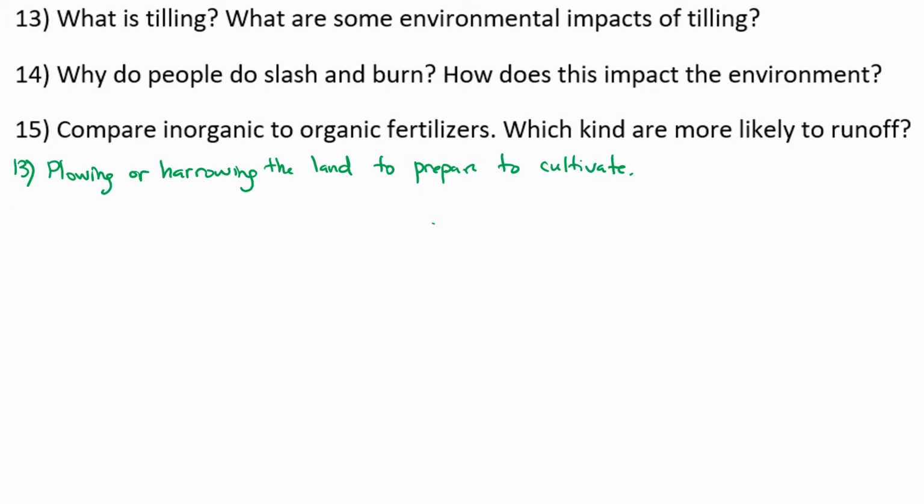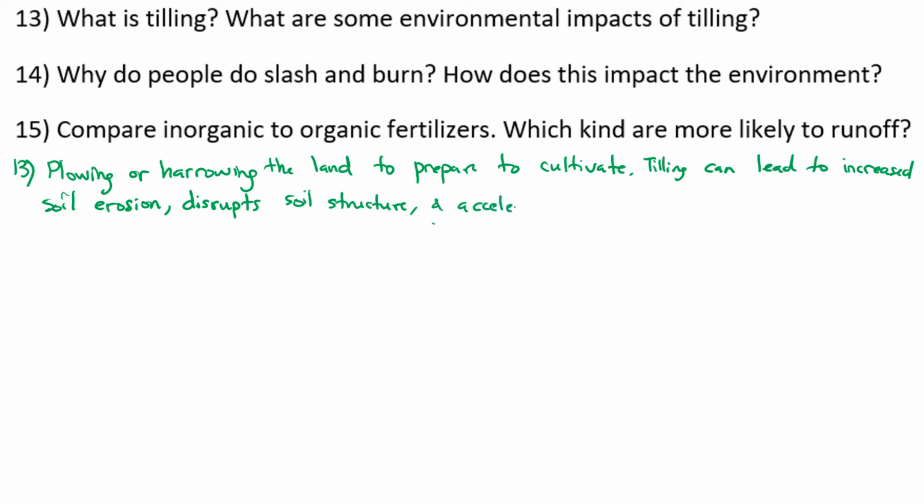Some environmental impacts would be tilling can lead to increased soil erosion, disrupts soil structure, and accelerates surface runoff.